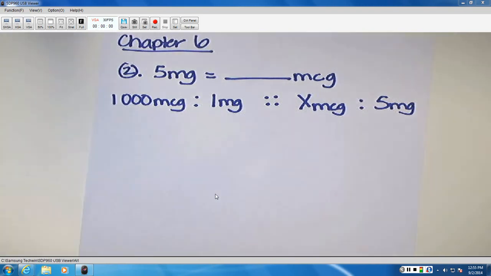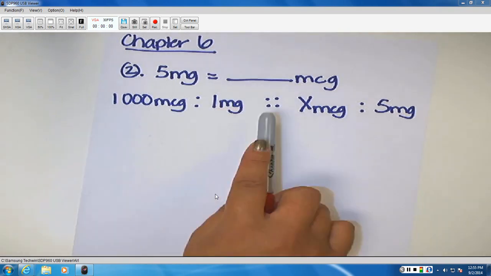That's how you will set up the left side of your proportion: with what is known. Page 106 in your textbook says it best. It says, on the left side of the proportion, place what you know to be an equivalent between micrograms and milligrams.